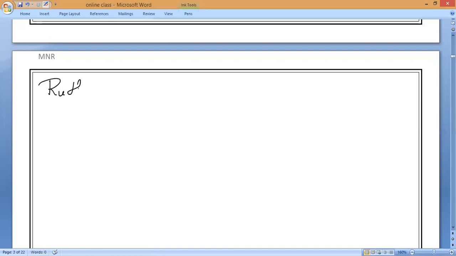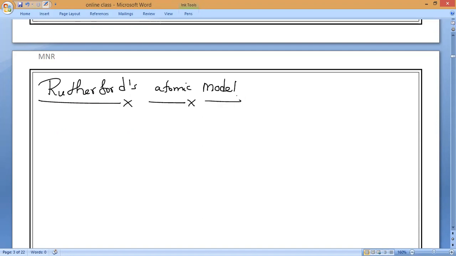Now we are going to study Rutherford's atomic model. I hope you understand the conclusions made by Rutherford. Anybody having any doubt, ask me. Understood?